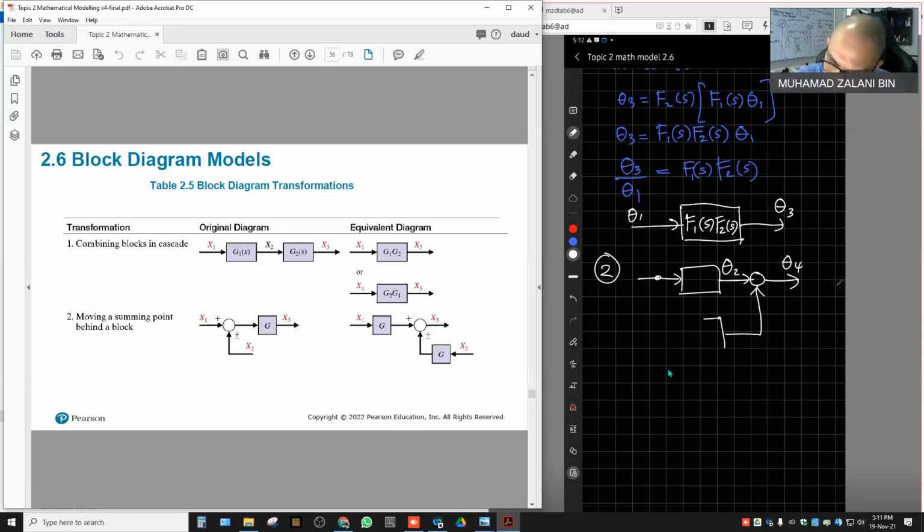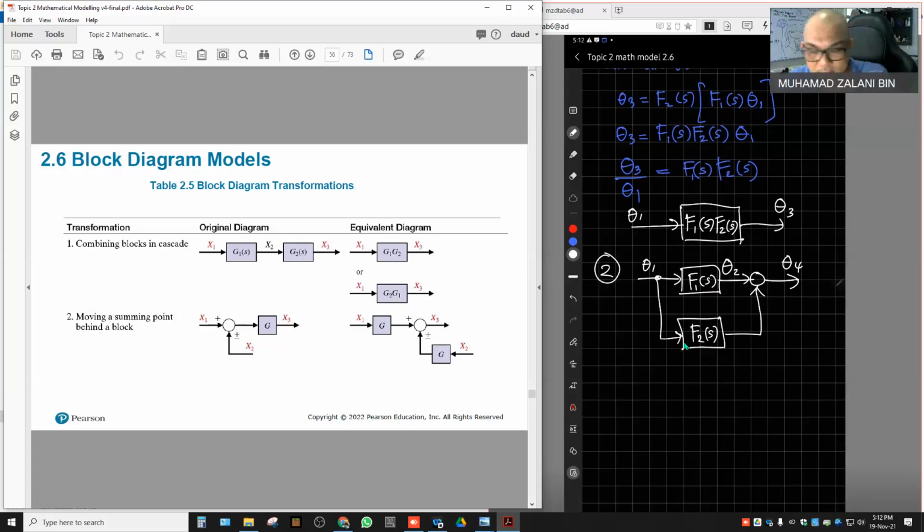This block is parallel to another block here, and they feed the same summing point, with theta 4 as the output. The input is theta 1, meaning theta 1 is the input of this block and also the input of the other block. We have the transfer function F1(s) for this one, and F2(s) for the other one.